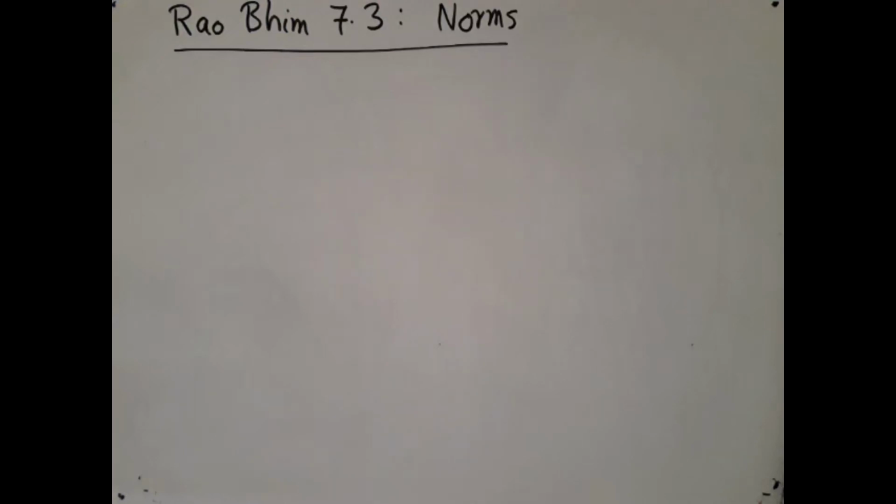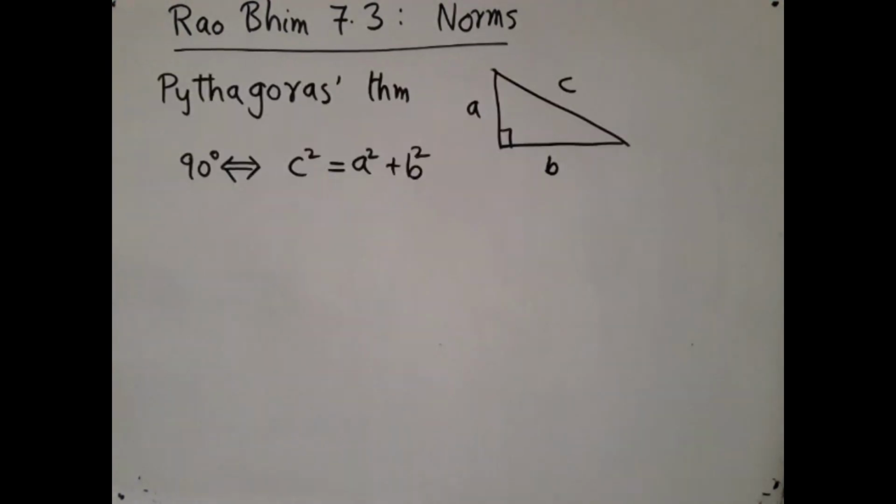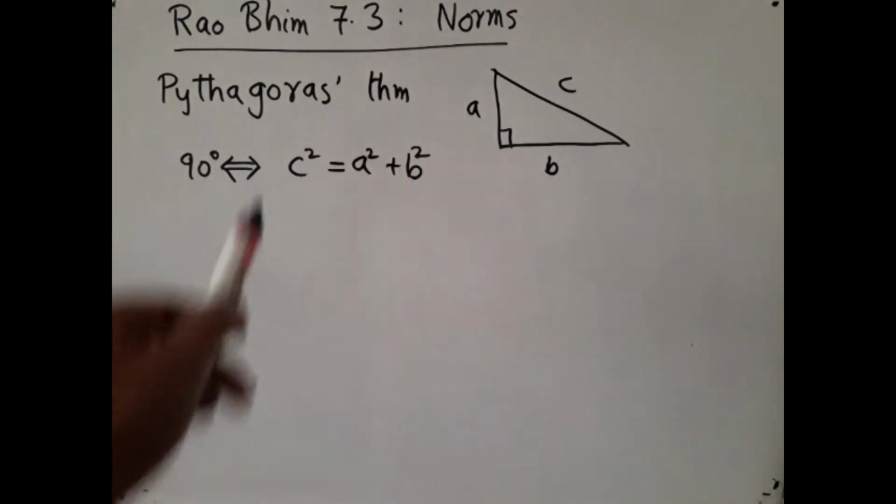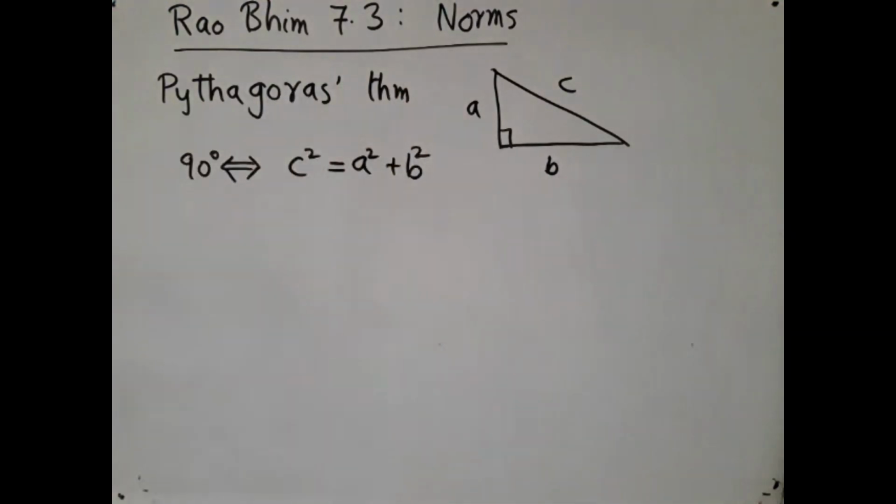We mentioned earlier the interplay between angles and lengths in terms of Pythagoras' theorem, which is a theorem giving equivalence between two conditions, one in terms of angles and the other in terms of lengths.